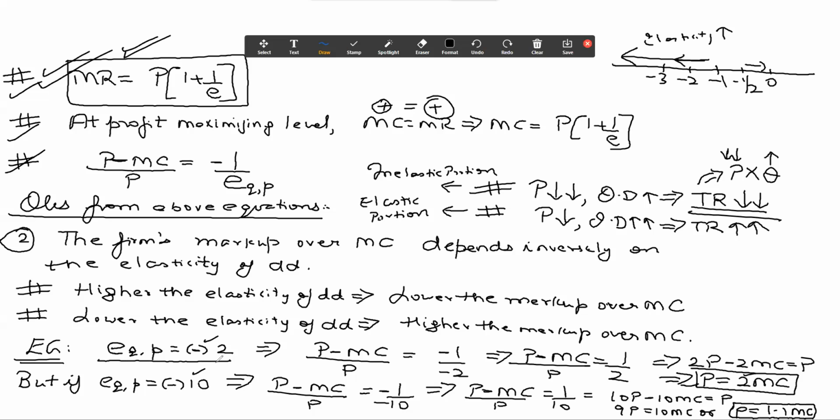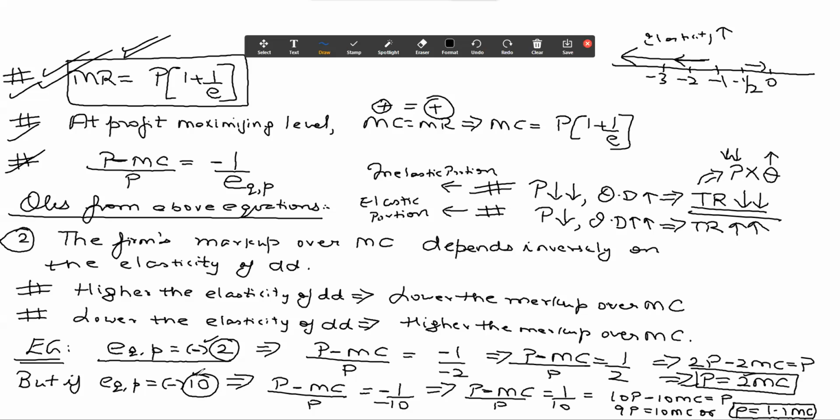Initially my absolute value was 2, now my absolute value is 10. Don't look at the minus. Elasticity has a negative sign because demand curve is downward sloping. But look at the magnitude. From 2 it has gone up to 10. That means demand has become more elastic.